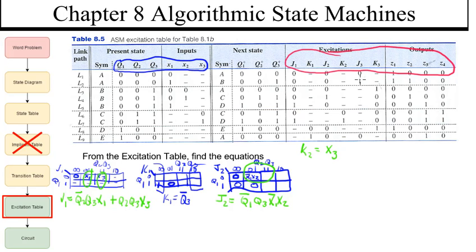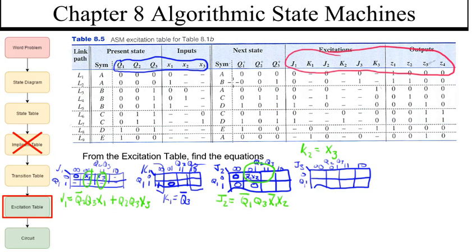J3, let's see, J3 matches up with what? X1. But then we've got a 1 down here we don't want. All right, we're going to have to draw a truth table for this. Well, we'd like these to be the same for this 0, 0, 0 state. Remember, we're trying to combine these.